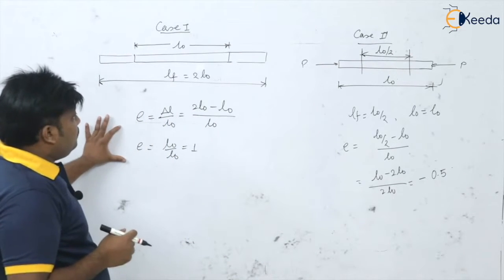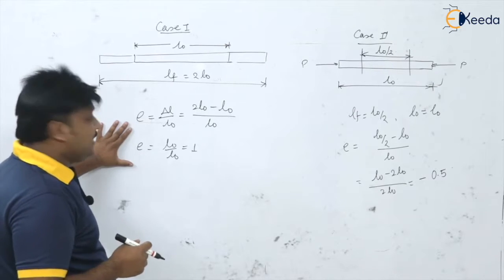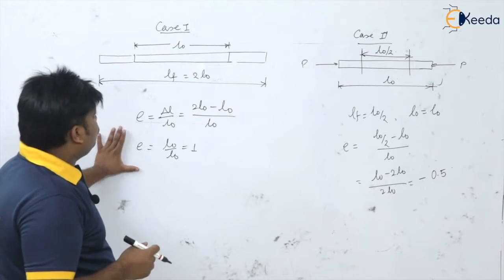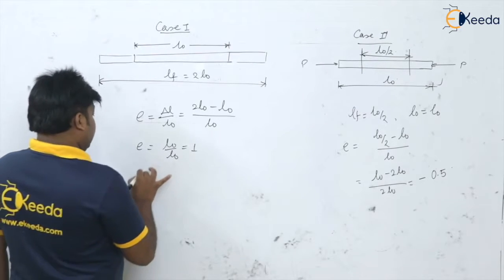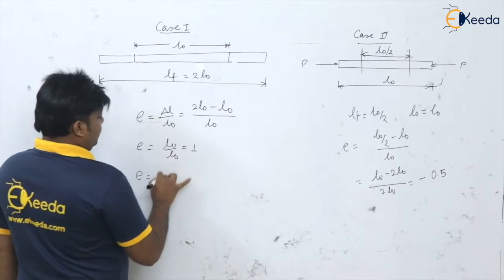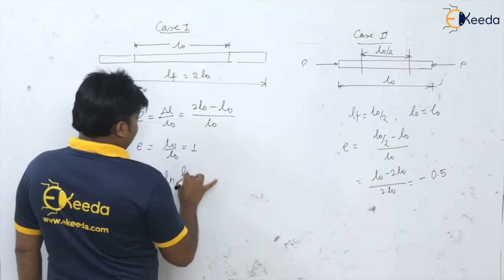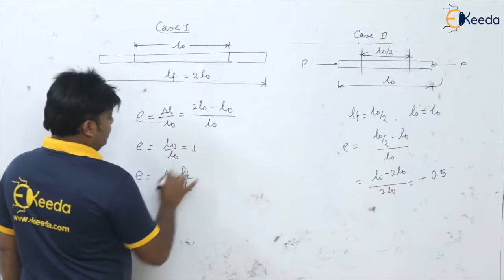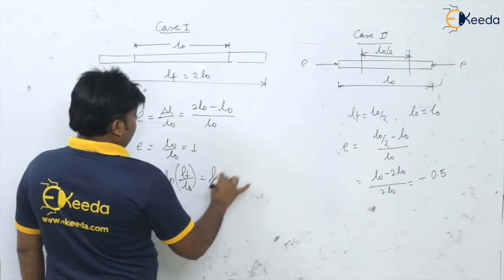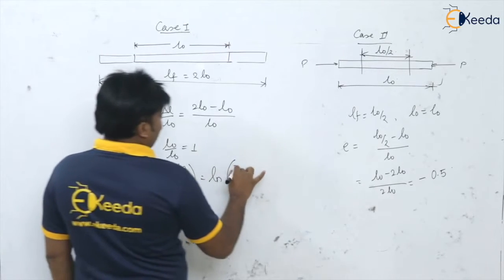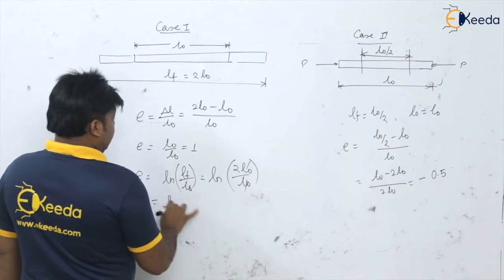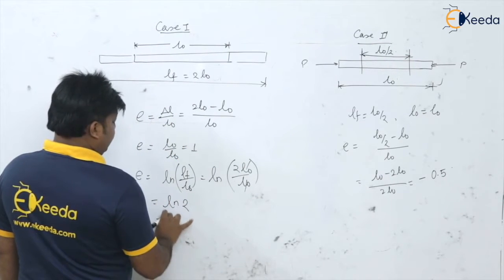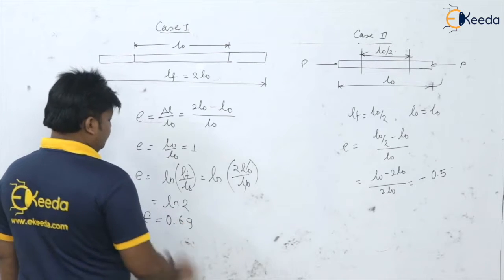Okay, now if I want the true value of strain, what is it? Epsilon is equal to ln of L final divided by L original. So what is ln of L final? Twice L original divided by L original. So how much is it? ln of 2, that is 0.69 something, isn't it?